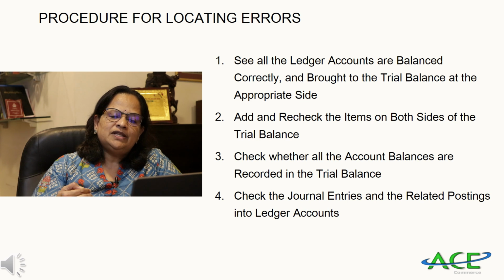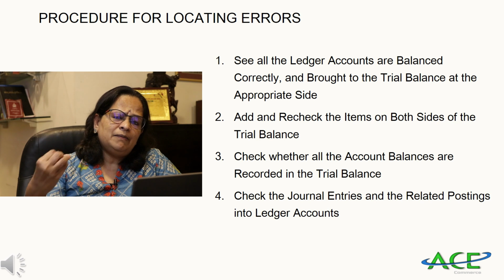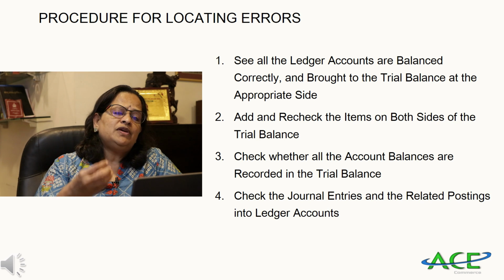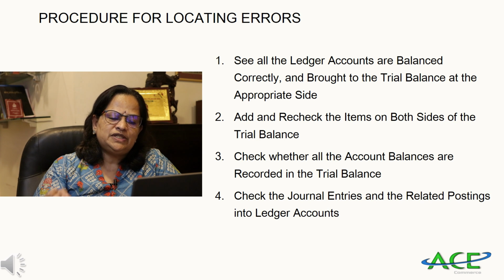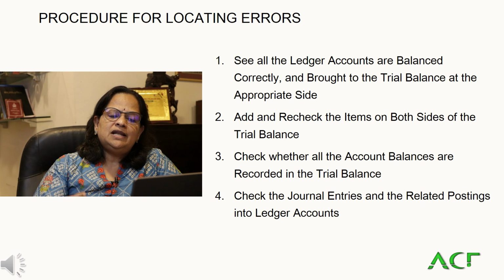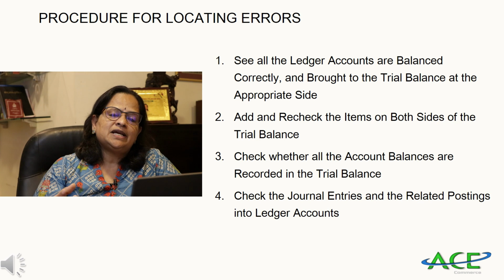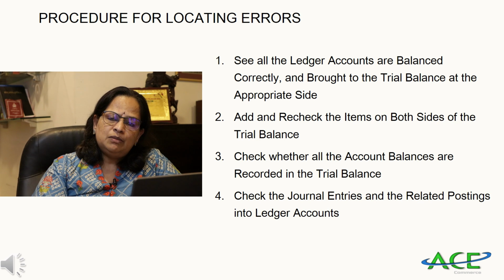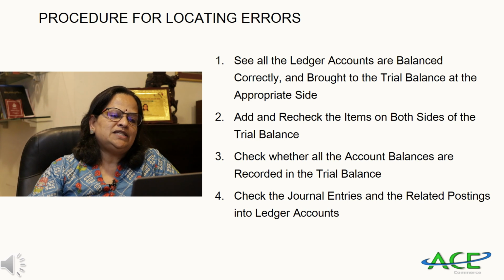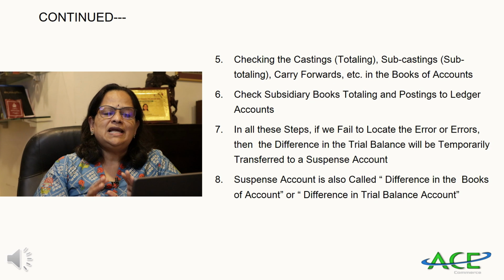Third, check whether all the account balances are recorded in the trial balance. This point we are giving again and again. By mistake, if you have not posted one ledger account in the trial balance, then also it can go wrong. Then check the journal entries and related postings in the ledger accounts, journal posting to ledger. We are trying our level best to tally this.